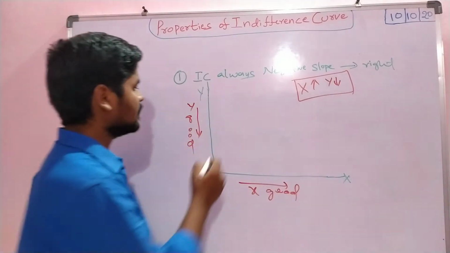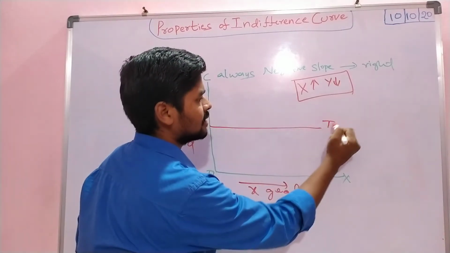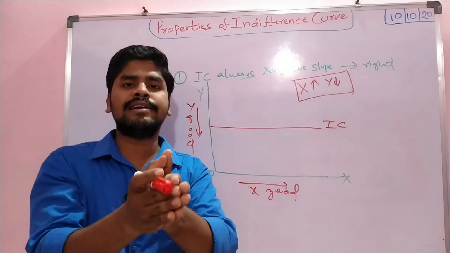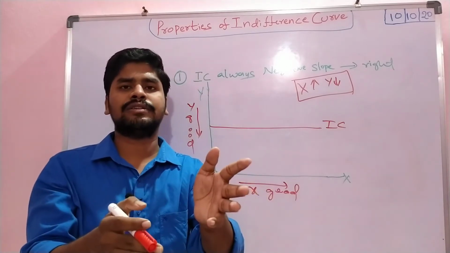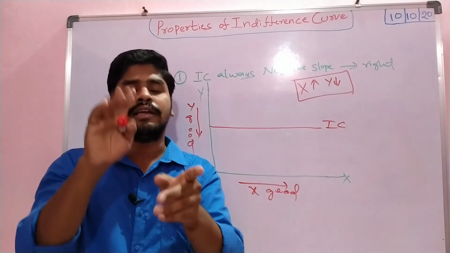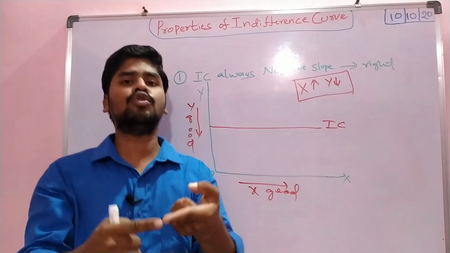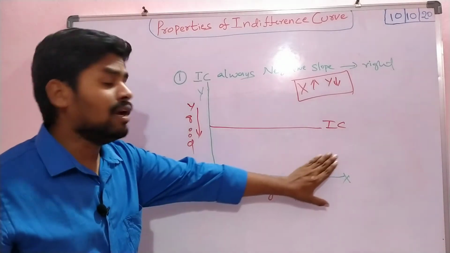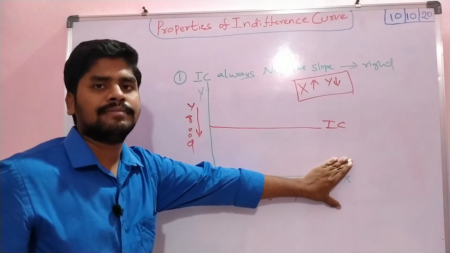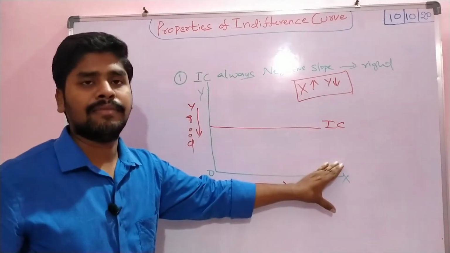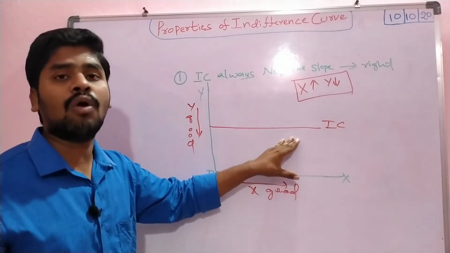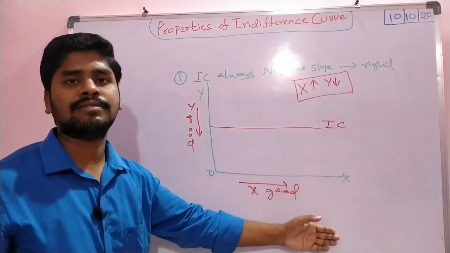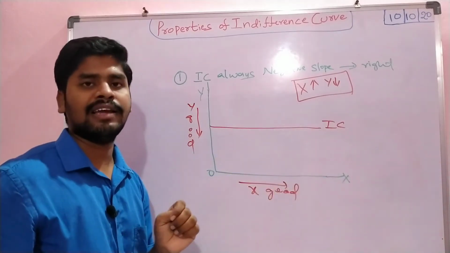Because the consumer tries to consume both commodities in every combination, x and y. The consumer may not consume only x, he will try to consume x and y, so the indifference curve can never be horizontal.